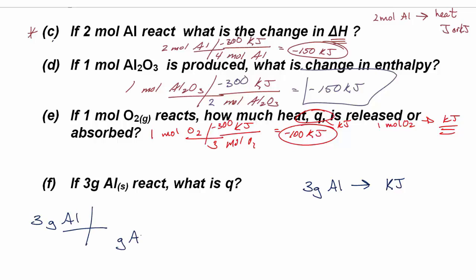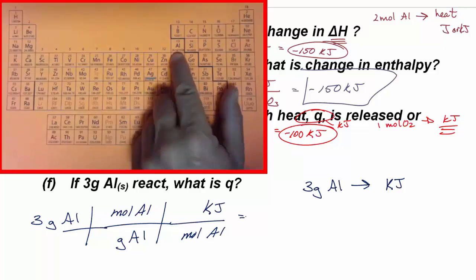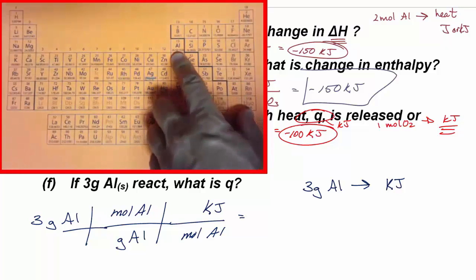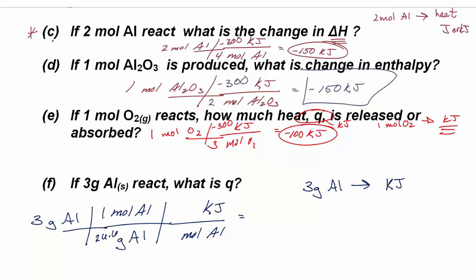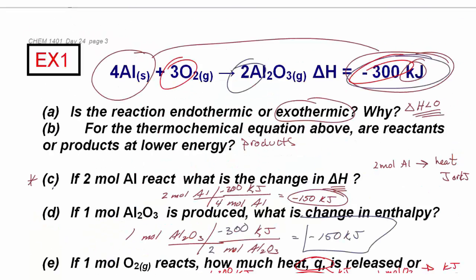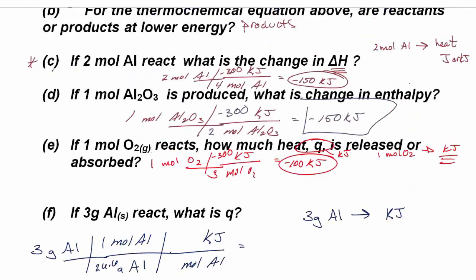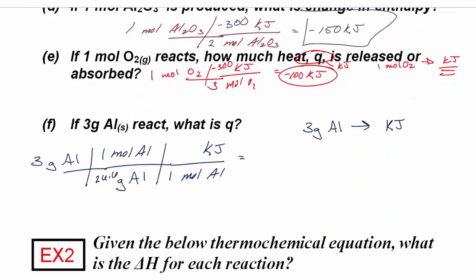I know I'm going to need to use a mole bridge, so let's get it into moles of aluminum first, and then use my mole bridge to get moles of aluminum to kilojoules. The molar mass of aluminum is 26.6. And I know that I have 4 moles of aluminum for every negative 300 kilojoules.